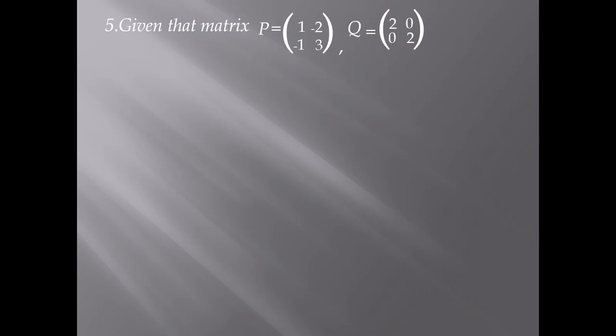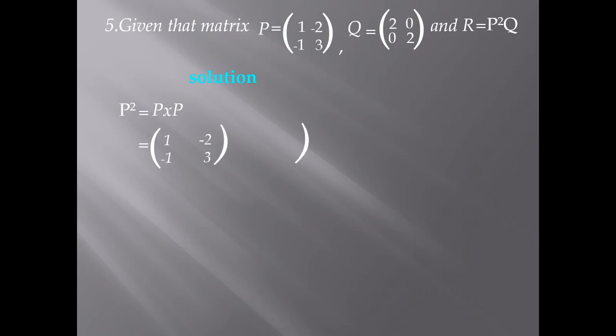However, before we look at the exercise, we could also include this question to help us ascertain how we can handle squares. So we have the matrix P there. We have the matrix Q, and we are interested in P squared Q. So once we say P squared in matrices, it means P times P, and that's what we are going to do.